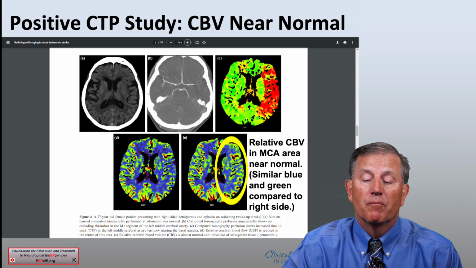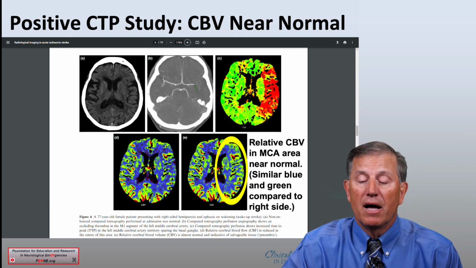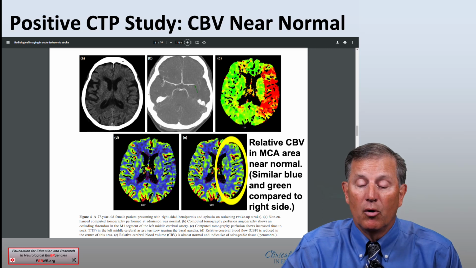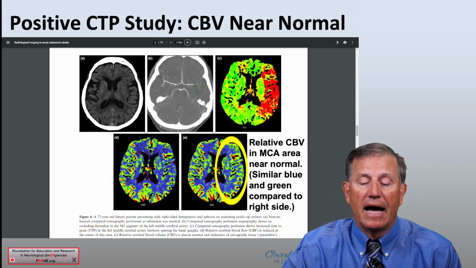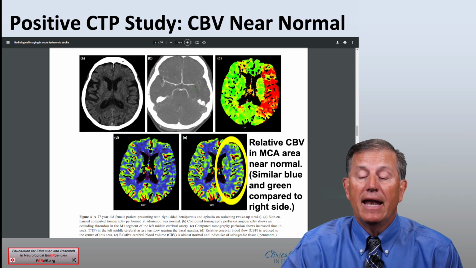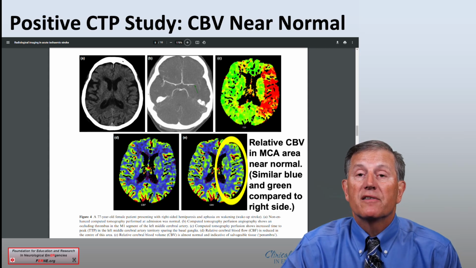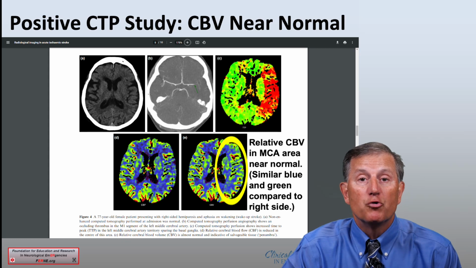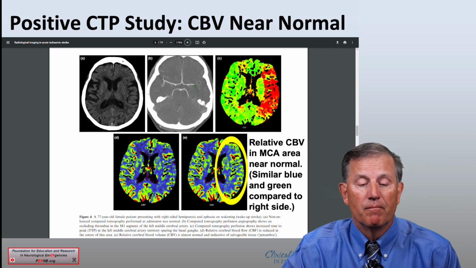And lastly, the relative cerebral blood volume in this MCA area is near normal. In other words, the two sides on this last image where there's a yellow circle appear similar. And as we stated, if the relative cerebral blood volume approaches normal, this could represent an ischemic penumbra and not a fully established core infarct.